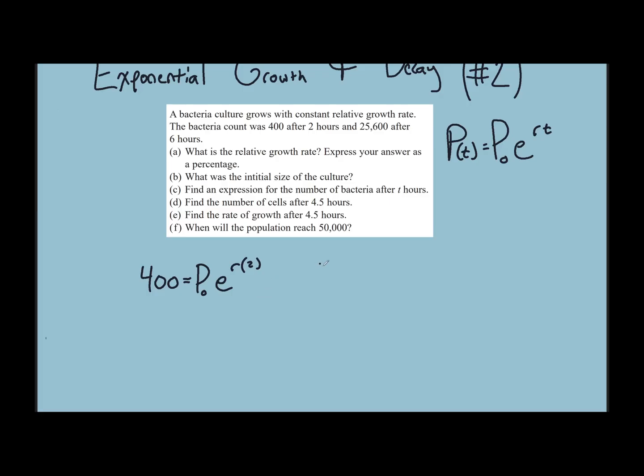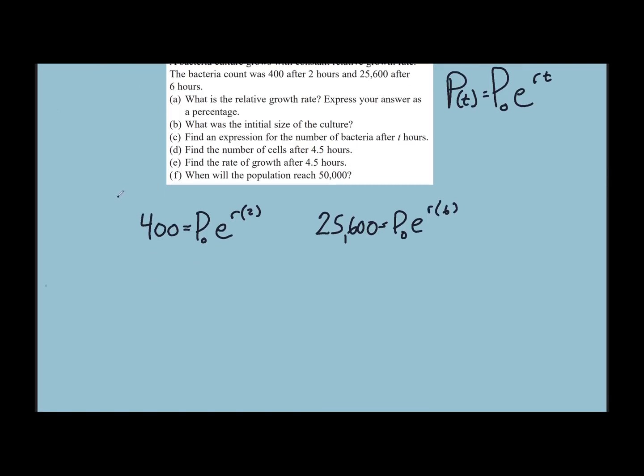And another thing we know is that 25,600 equals some starting population, e to the r, and then we have 6 hours. Does this make sense to me? I think this makes sense to me.